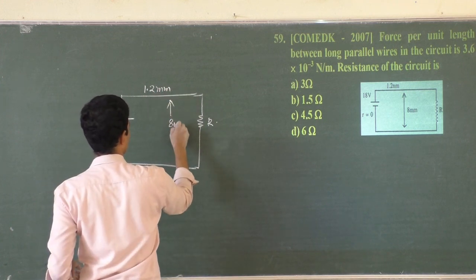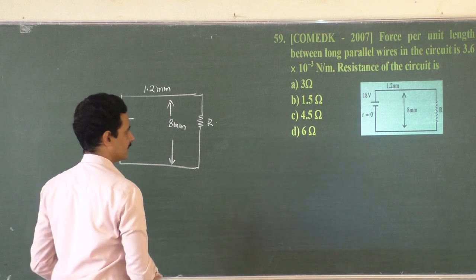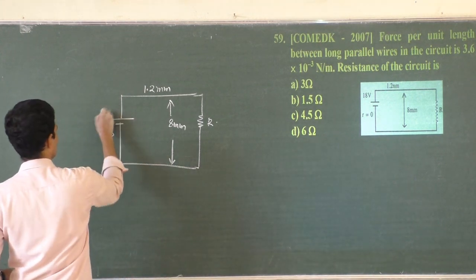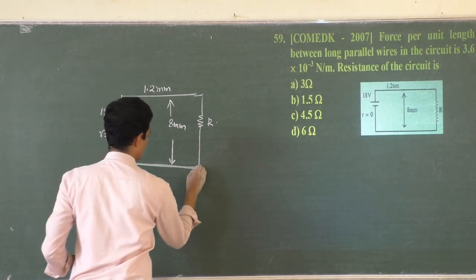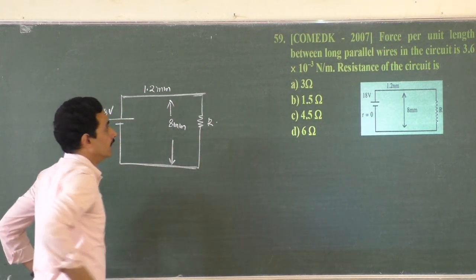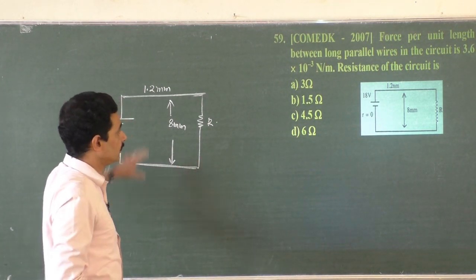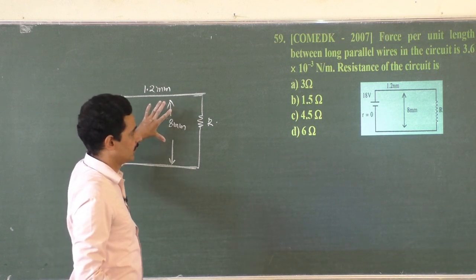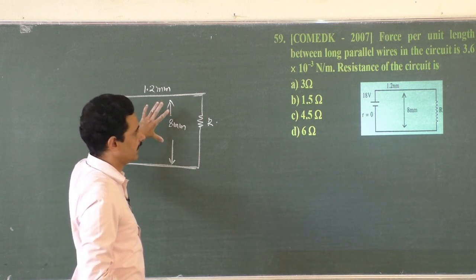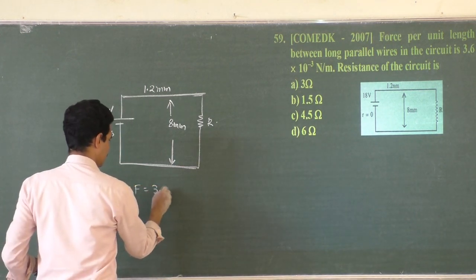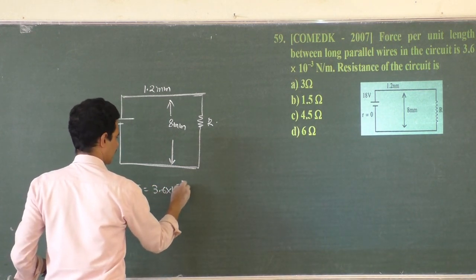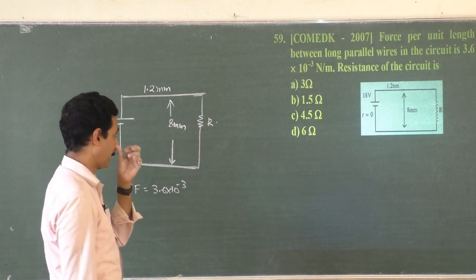This distance is 8 millimeter. Internal resistance is 0. It is an 18 volt battery. Now these two are very long conductors. Force per unit length between the two long parallel wires is given. F is equal to 3.6 into 10 to the power minus 3 Newton per meter.